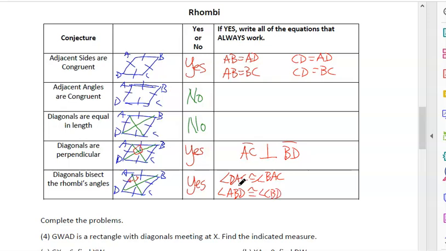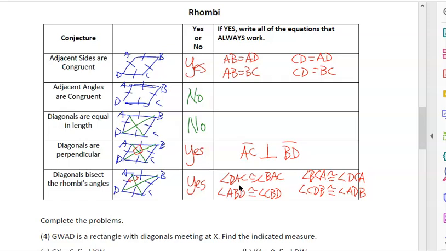At angle C, angle BCA is congruent to angle DCA. And then angle D, the last one, angle CDB, is congruent to angle ADB. Four sets of congruent angles.